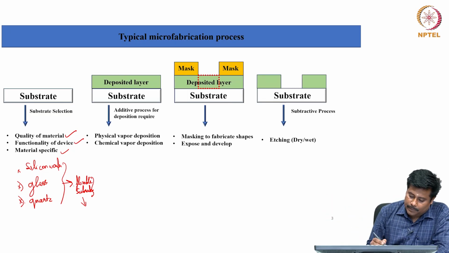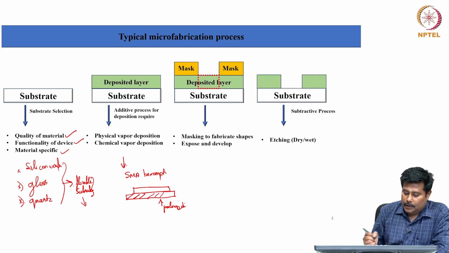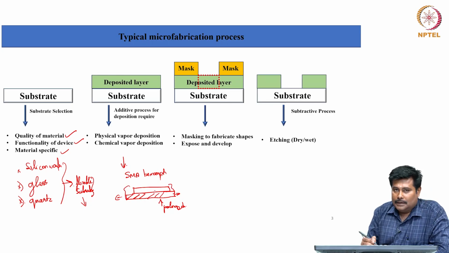Let me give you a simple example. We are working on this concept called SMA biomorph. In the case of SMA biomorph, we have a shape memory alloy deposited on a polyimide layer. The polyimide layer is programmed in such a way that it has good adaptability with the SMA.